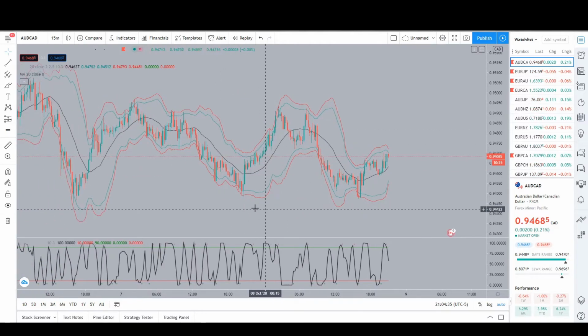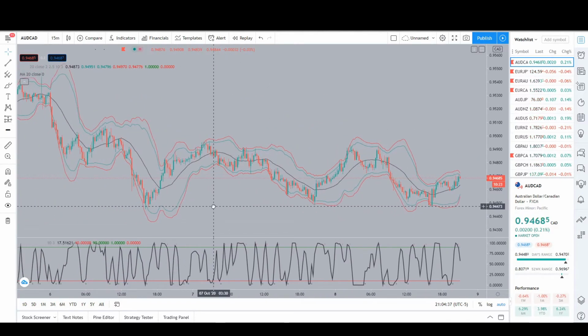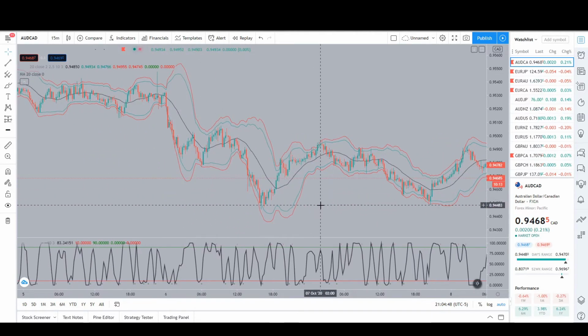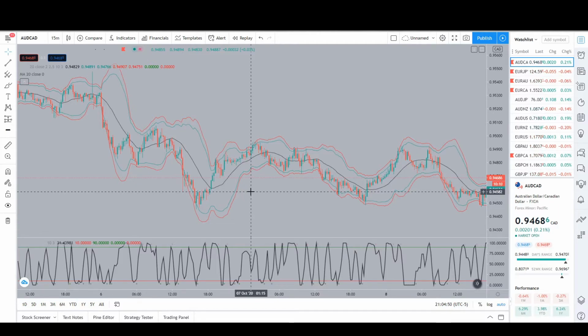And then we'll just go back a few days to show you guys. So in between here and here, and as you can see, it pierced the Bollinger Bands. And so one thing I've also noticed throughout testing this is it's not quite the same magnitude that the market shoots up in every time.